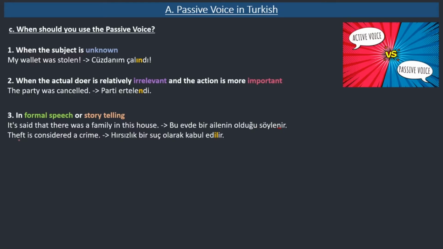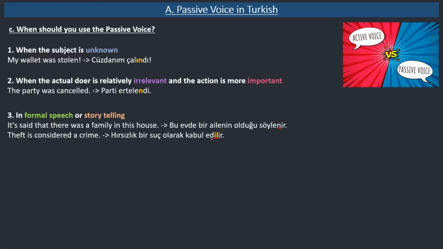Or an example like this could be a line from a book, like theft is considered a crime. Hırsızlık bir suç olarak kabul edilir. So kabul etmek, to accept or to consider.